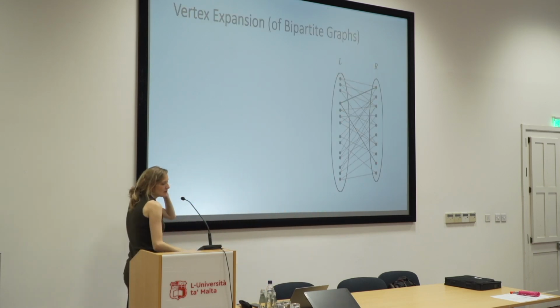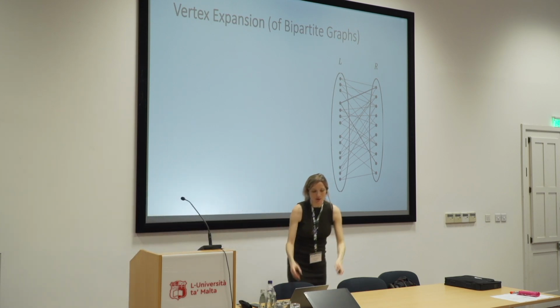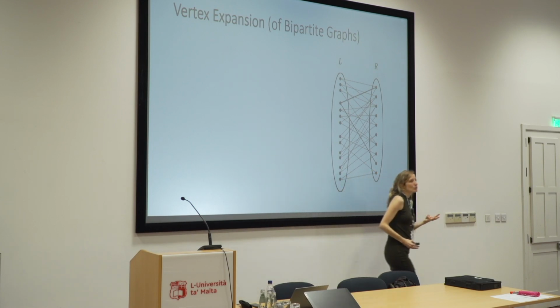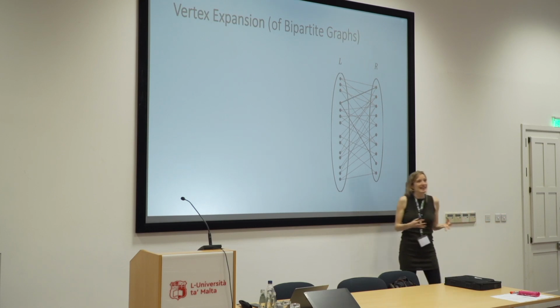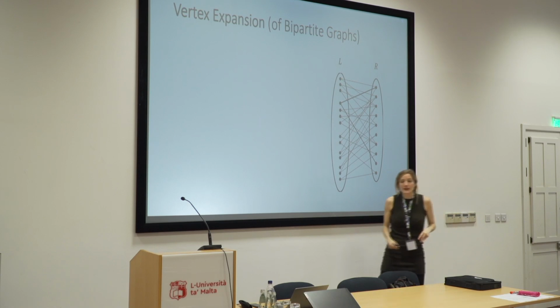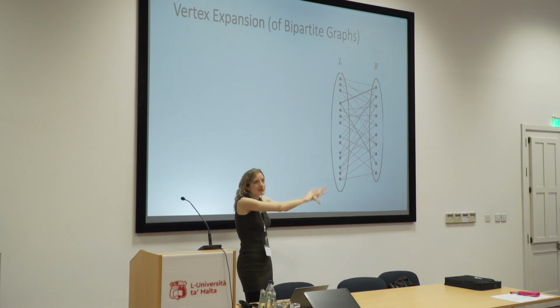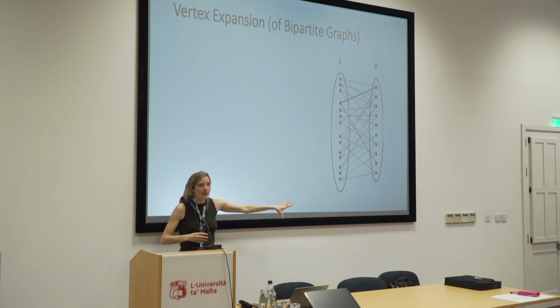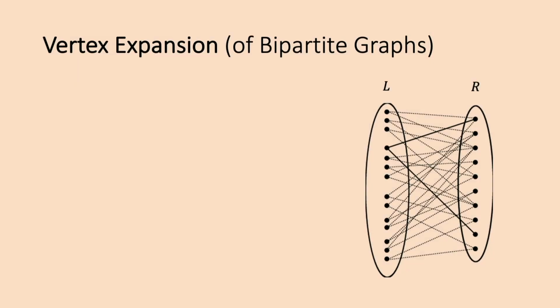As part of this, I'm going to introduce a third definition, which you can also translate in a standard natural way to normal graphs: vertex expansion. Again, there exists a version of vertex expansion also for standard graphs. I didn't talk about it, but I am going to talk about it in this context of bipartite graphs.